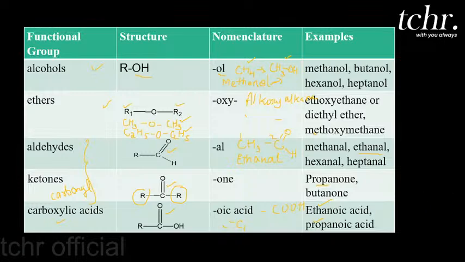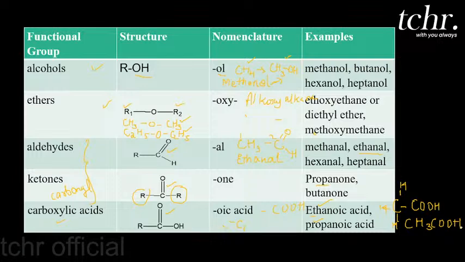See, for example, here it is given ethanoic acid. Ethane means how many carbon atoms? 2 carbon atoms, including the carboxylic group COOH, correct? That means the formula for ethanoic acid is CH3, satisfying the bonds, CH3COOH.